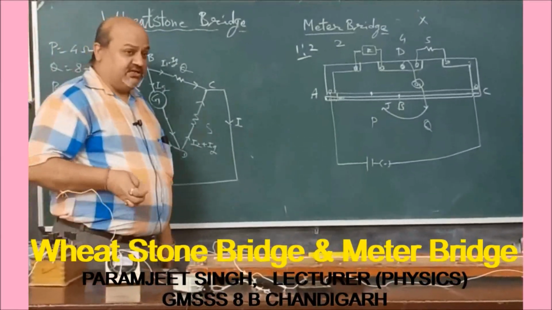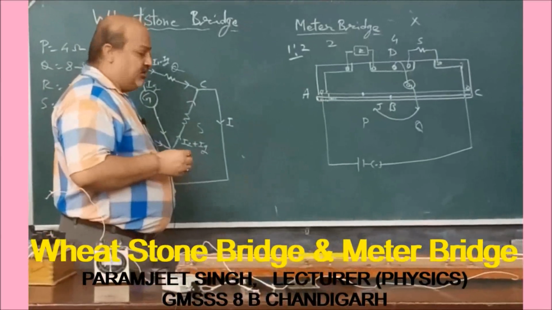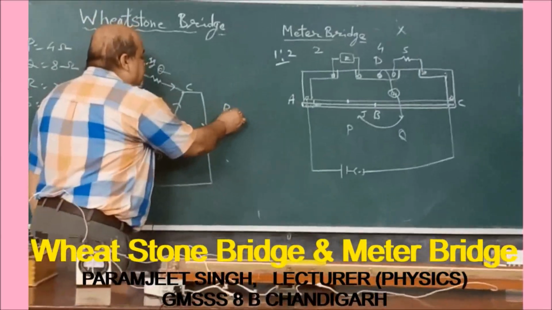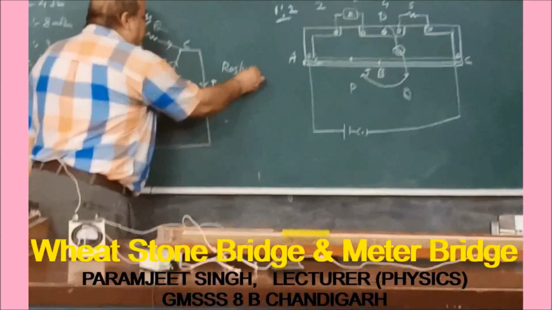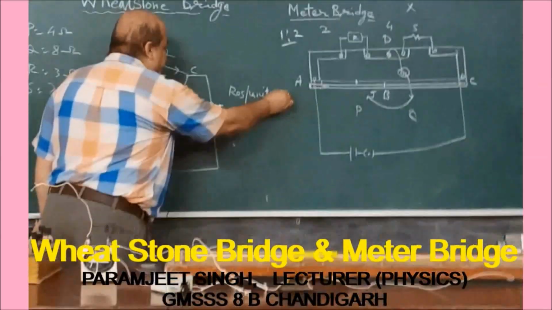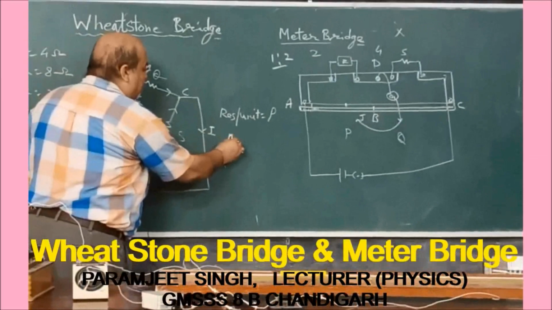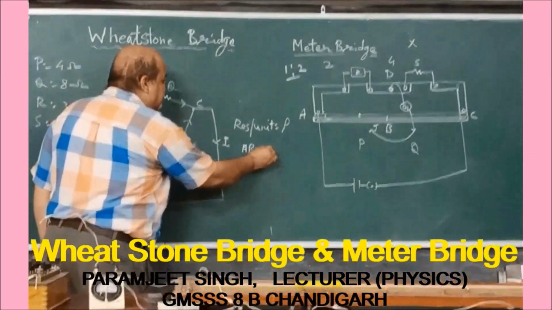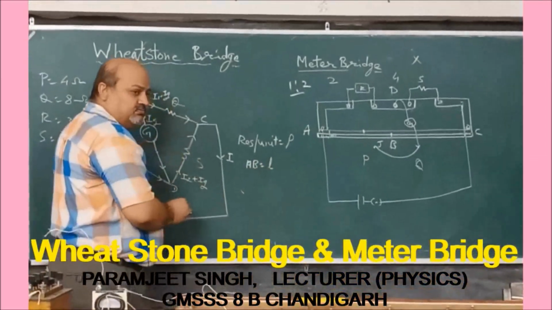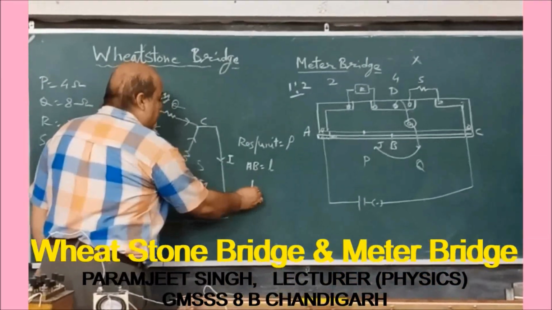Let us understand the mathematical part. Suppose the resistance per unit length of the wire is rho. Length of the AB part is suppose L. What will be the resistance of the AB part?